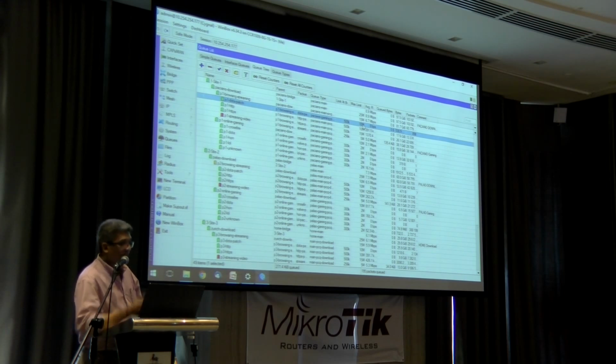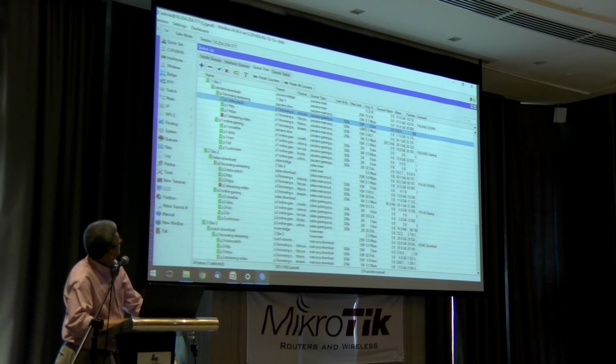Have you tried that? Well, the limit at is basically your CIR. To get the limit at, what you need to do is count the number of machines or computers that you have on your network divided by the bandwidth. So if you have 10 megabits of speed and you have 10 computers, each computer should have 1 megabit.